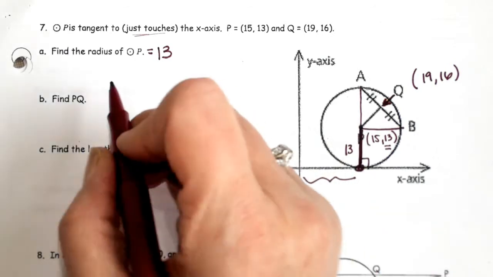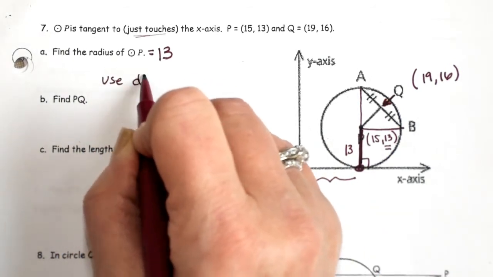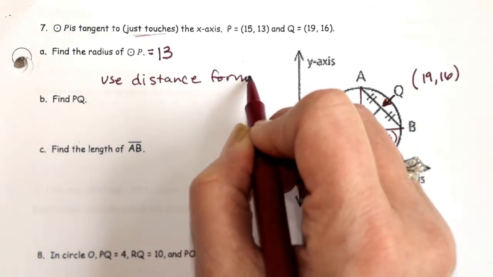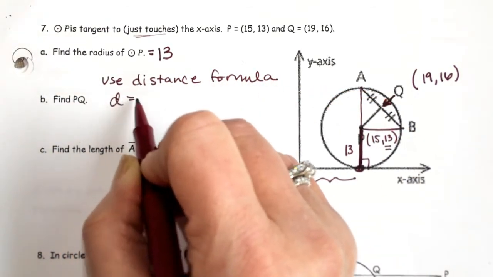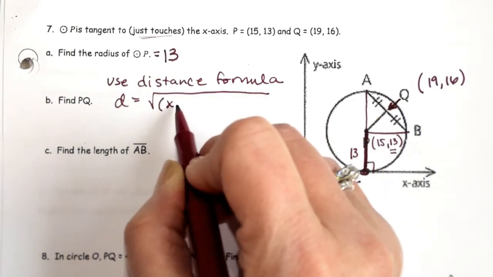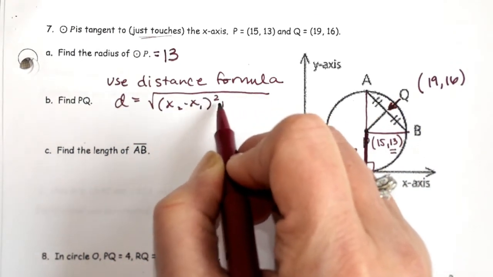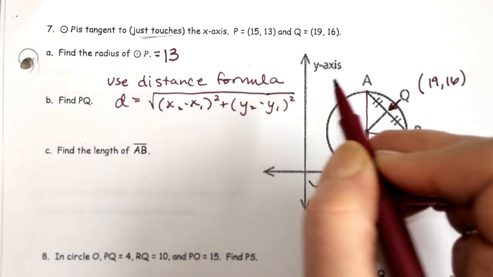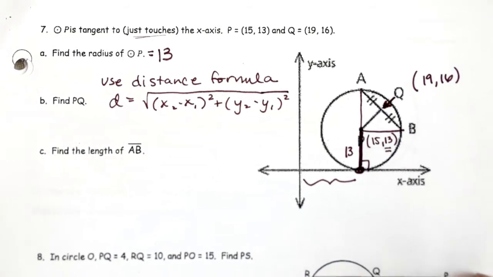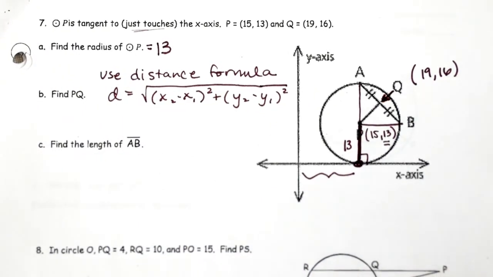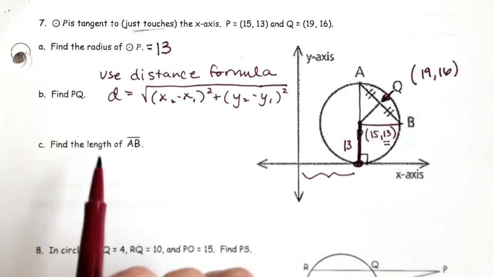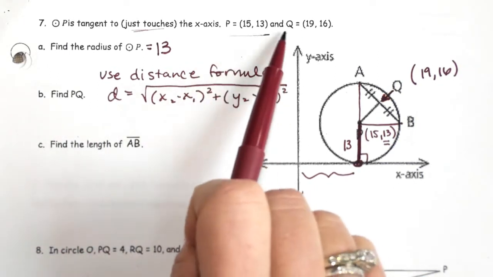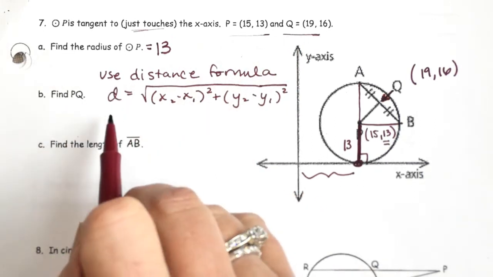So PQ, I'm going to have to use the distance formula. So way back another week ago, I also gave you the distance formula, which was the square root of (x minus x) squared plus (y minus y) squared. So I'm going to take my 2 coordinates, P and Q, and find that distance.